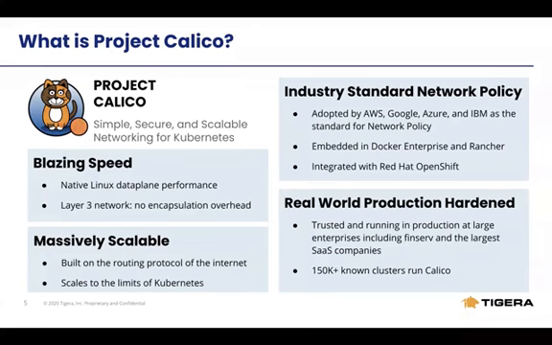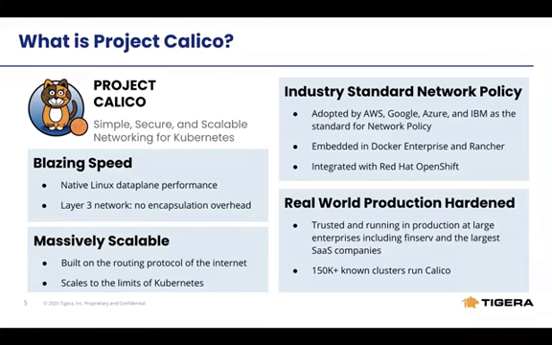In terms of industry adoption, all major clouds, AWS, Google, Azure, IBM, have standardized around using Calico for network policies. It's the default engine for network policies. So if you use AKS, EKS, GKE, that is the default option, as well as for many hybrid solutions like Docker Enterprise from Mirantis, Rancher, as well as Red Hat OpenShift.